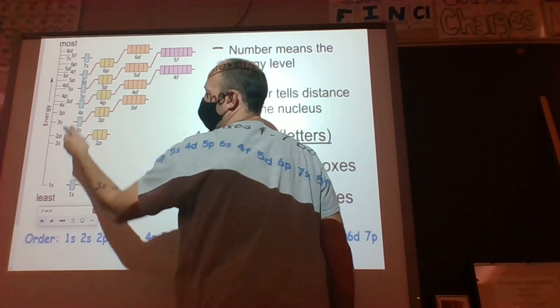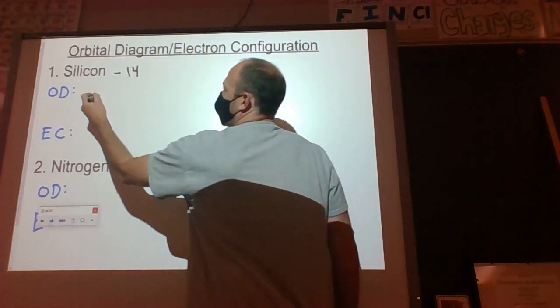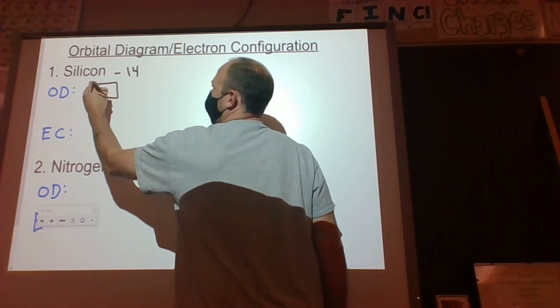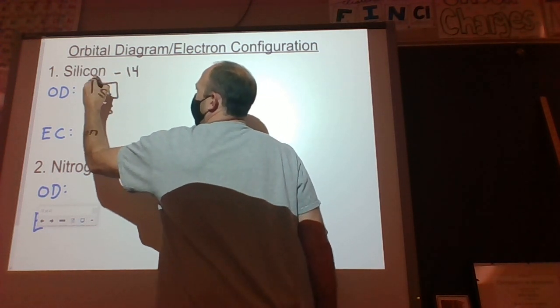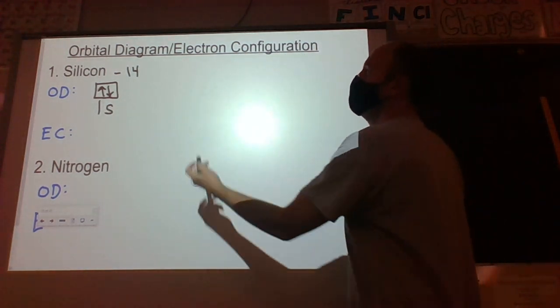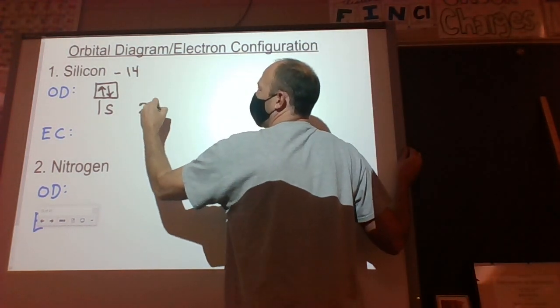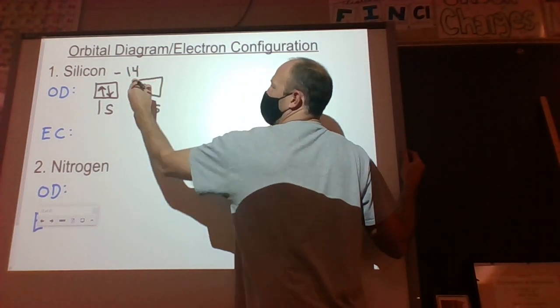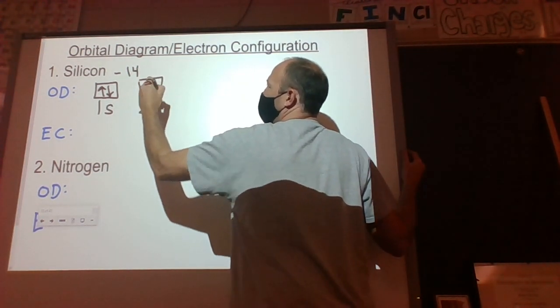You're following this. We would start with our first, which is 1s. I draw a box and I would go up, down arrow. There's 2. 1s is now filled. We move on to the next one, 2s. S again means 1 box, and we would go up, down.